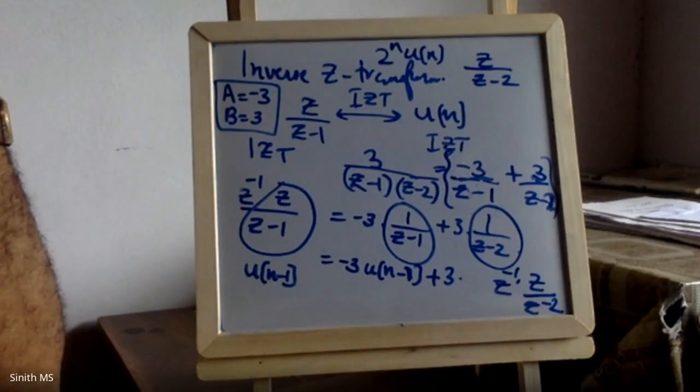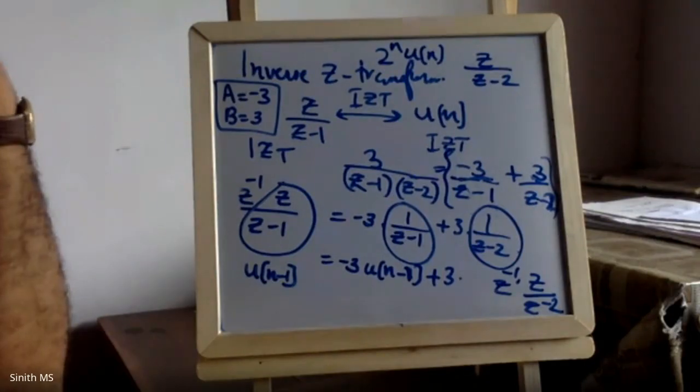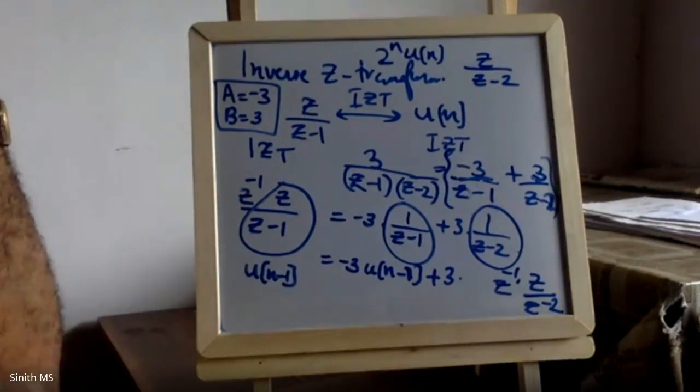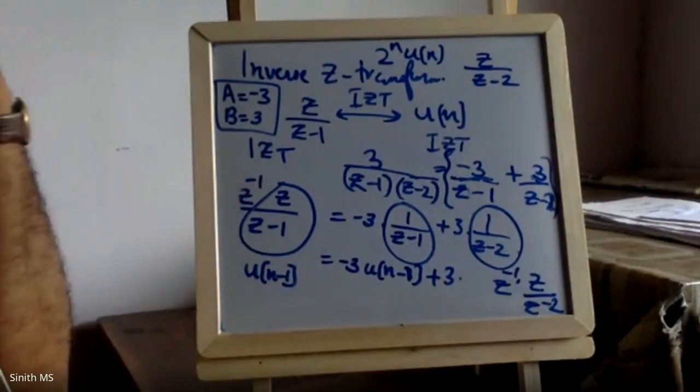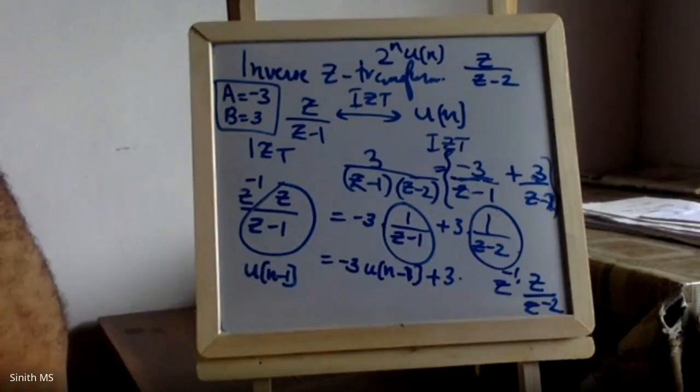You can unmute and tell, or you can type. Better you unmute and tell. I can hear your voice, because I feel that sometimes I am teaching a computer. I am teaching students. I have to sometimes get that feeling. You unmute and tell what will be the inverse transform of 1 by z minus 2.